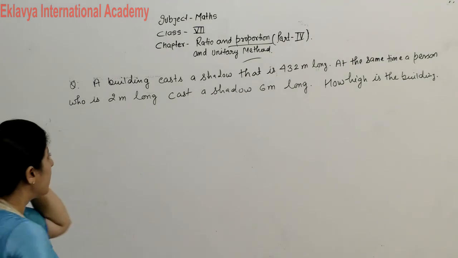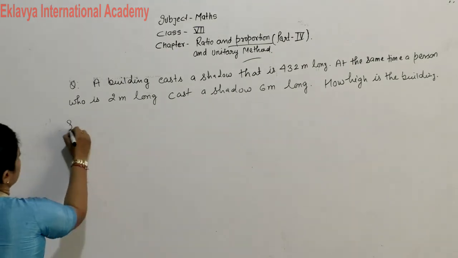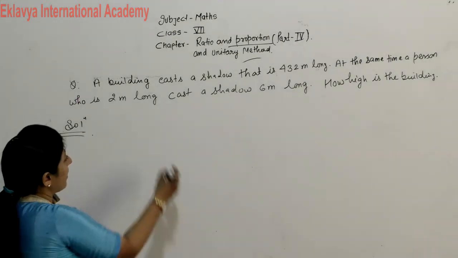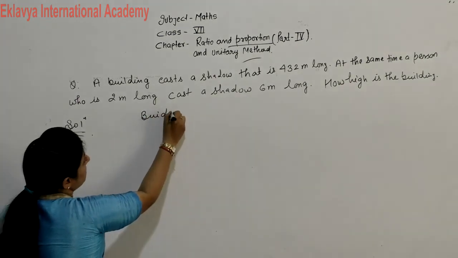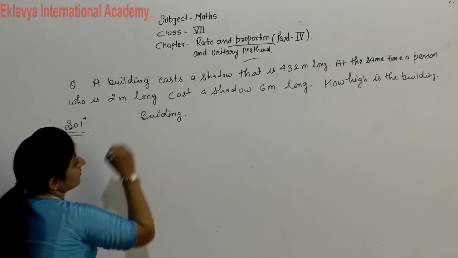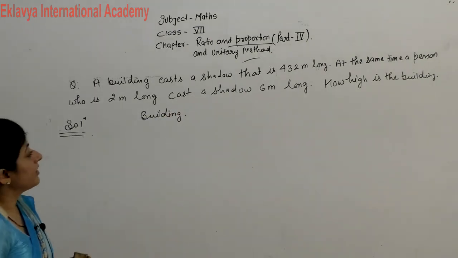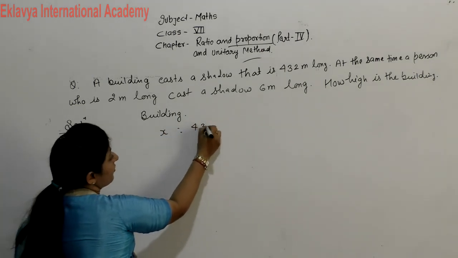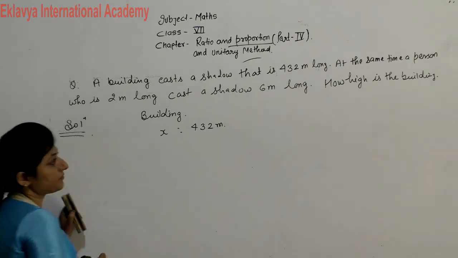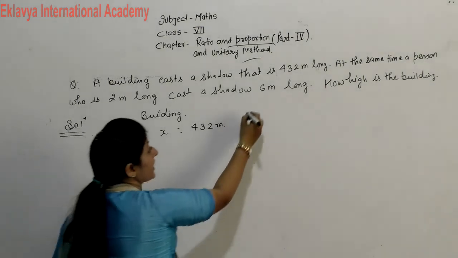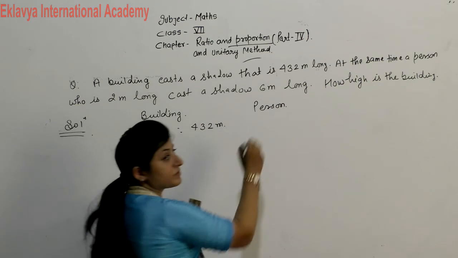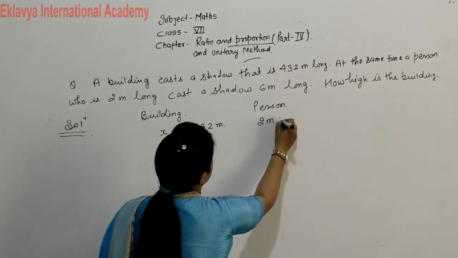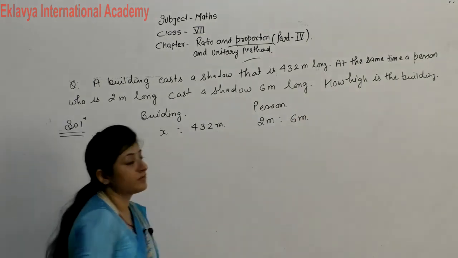See here, in proportion, if we are talking about a building, if the building is x meters tall, then it casts a shadow of 432 meters. If we are talking about a person who is 2 meters tall, then the shadow is 6 meters.